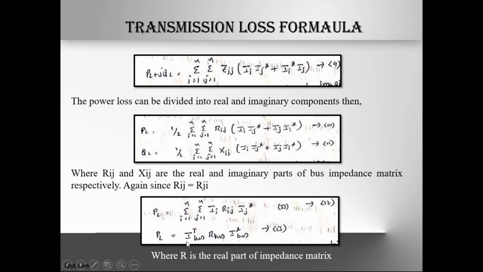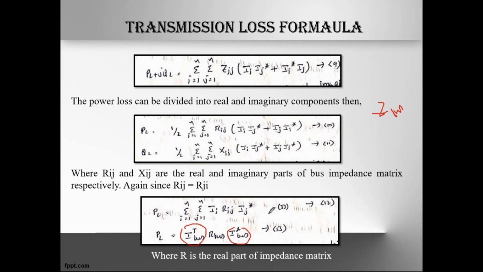Right. So until now, first we found the Z bus from the given data. In that Z bus, we are taking only the real parts, that is Rij. After that, we have to find the current from the generating side to the load. So up to the 13th equation we form the Z bus, and from the Z bus we consider only the real part, which is called R bus.